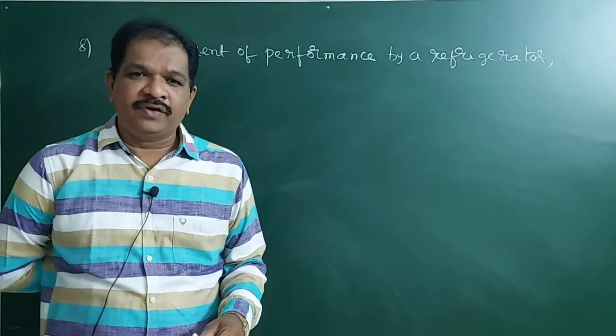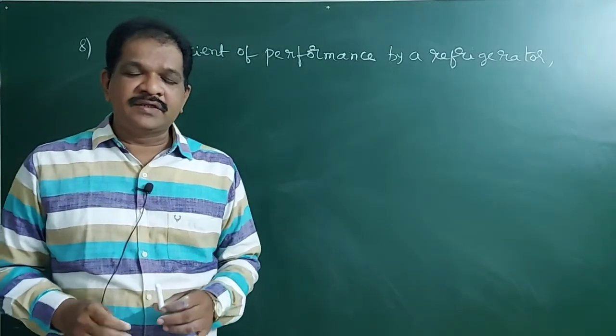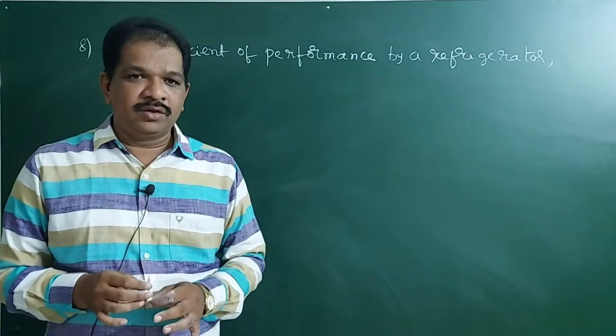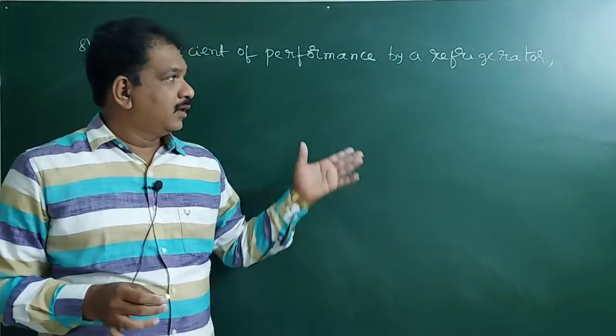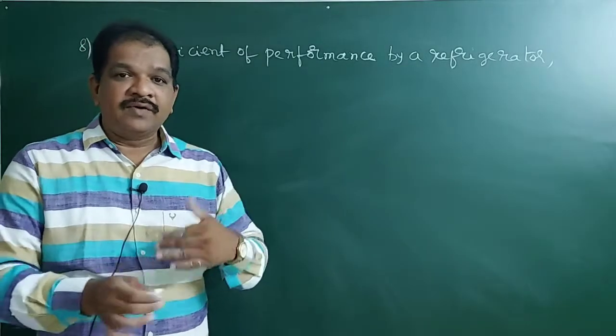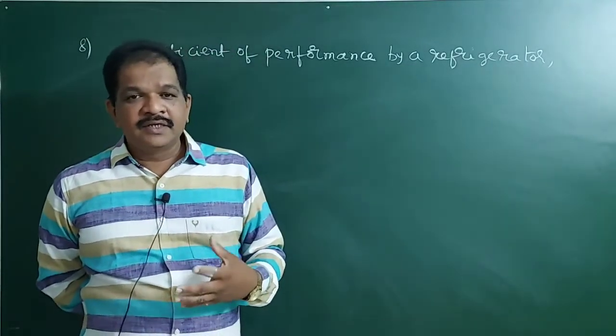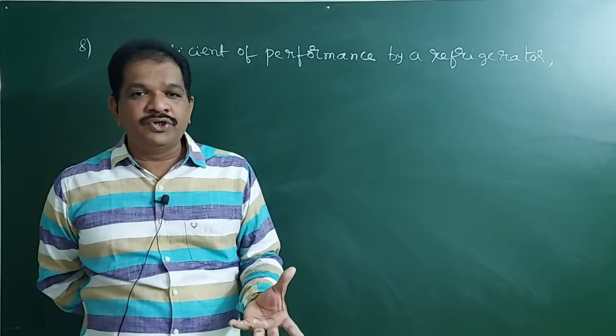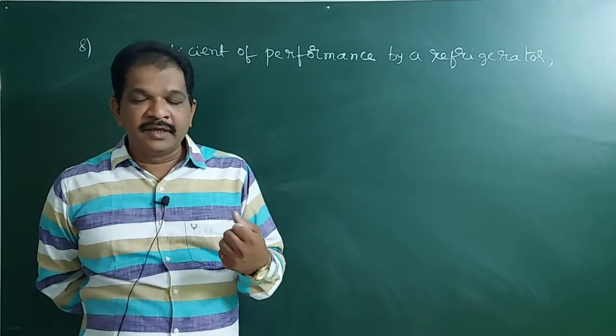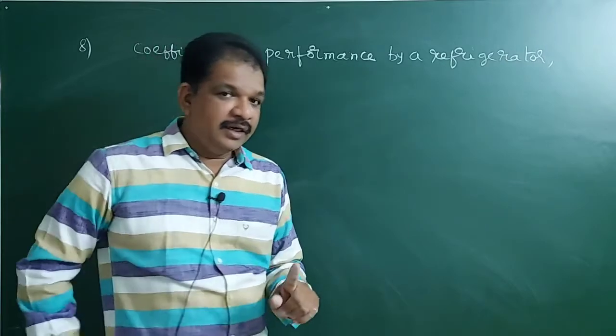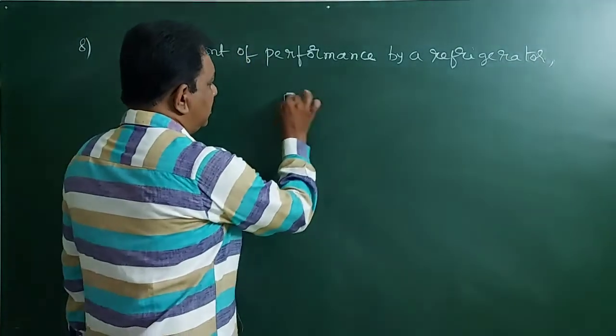If you take any fridge, inside the fridge it will be very cool. The working of the refrigerator is exactly opposite to the heat engine. Heat engine, what does it do?